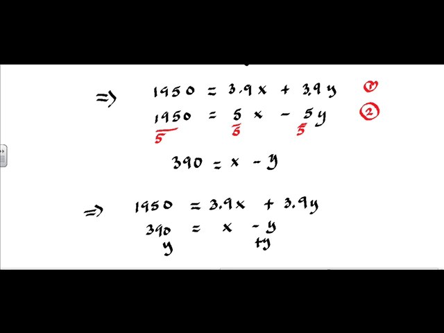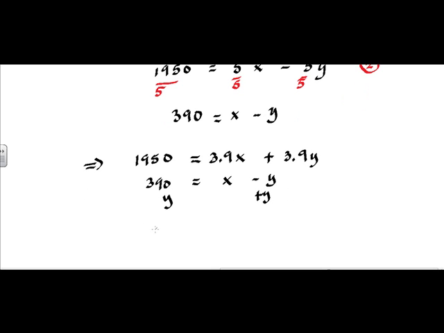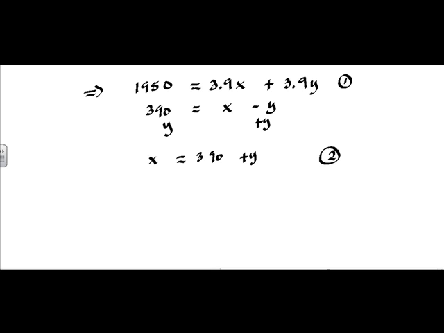So equation 2 becomes x equal to 390 plus y. So you see I have one variable in terms of something else, and I can substitute the x value into equation 1.